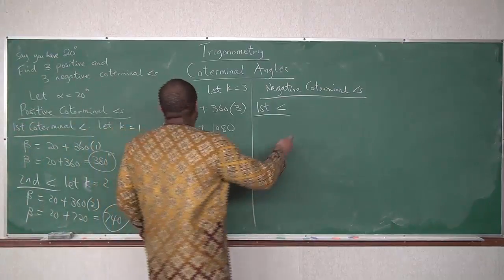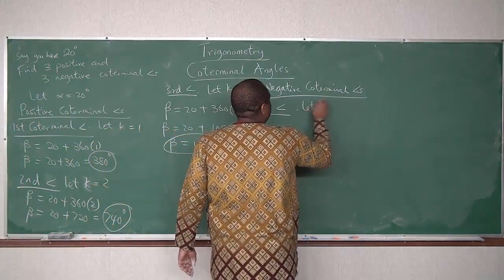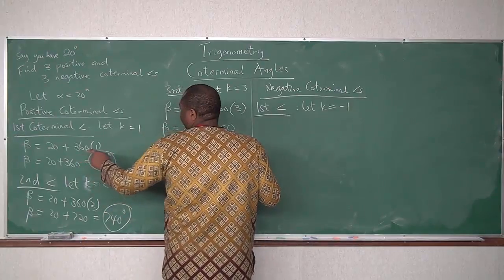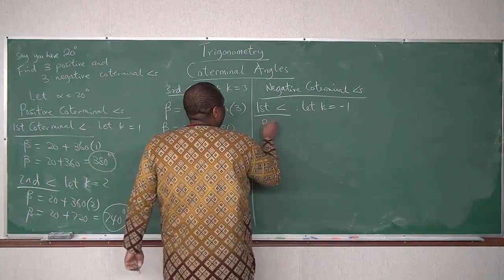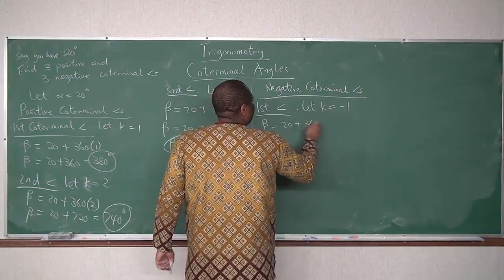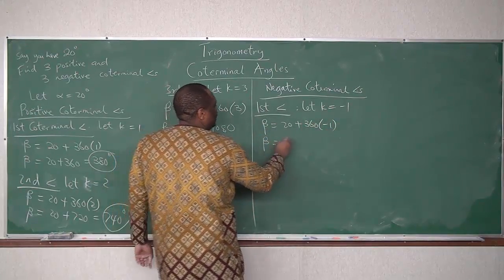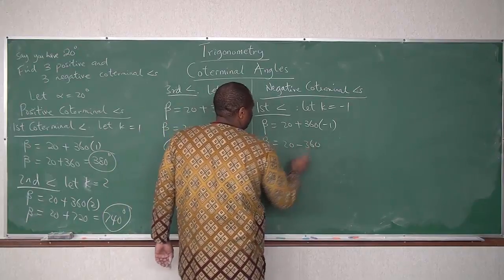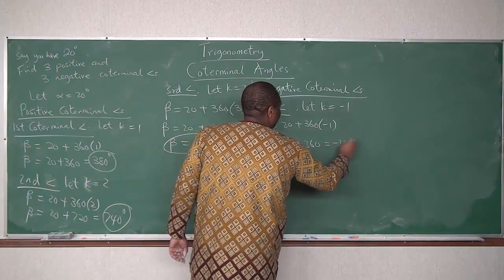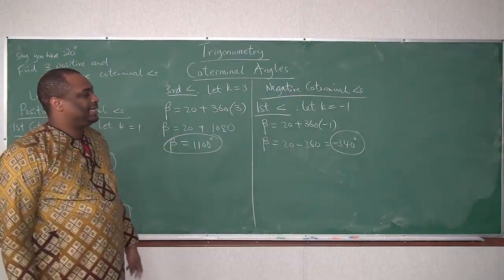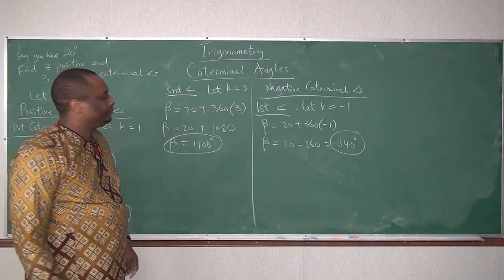First angle, let K be negative 1. So beta will be 20 plus 360 times negative 1. So beta will be 20 minus 360, which is negative 340 degrees.